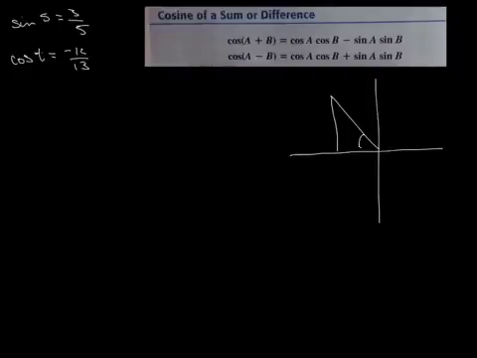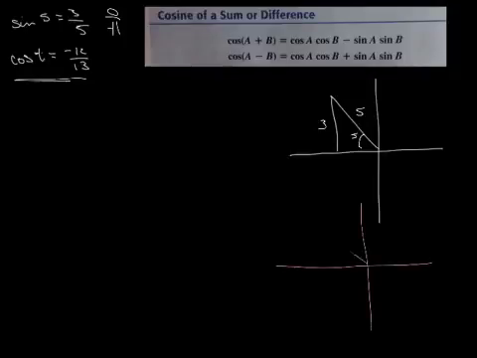We'll call this S, and this is opposite over hypotenuse, so we have 3 there and 5 there. And let's look at the cosine. That's a completely different angle, so I'm going to make it different here, and we're also in quadrant 2, and this is adjacent over hypotenuse. So this is going to be negative 12, and this will be 13.